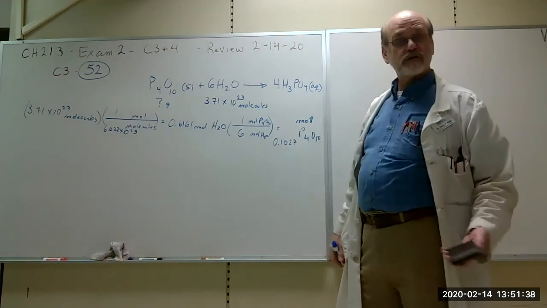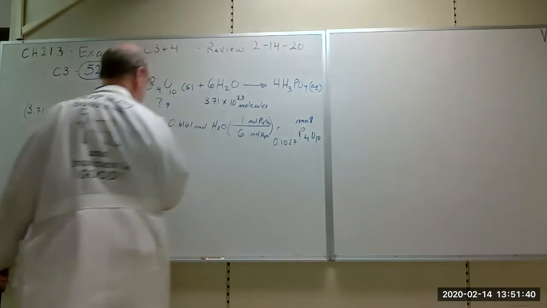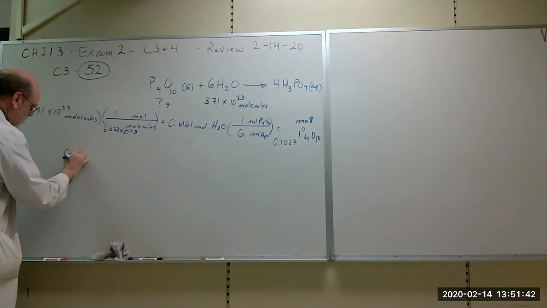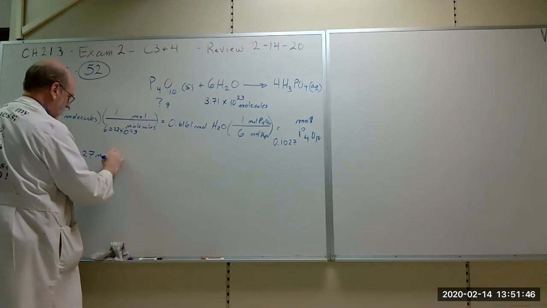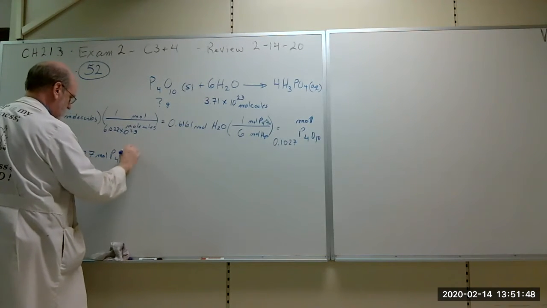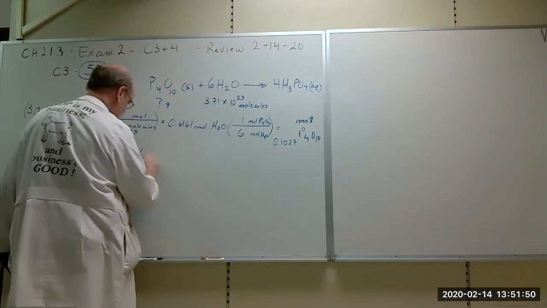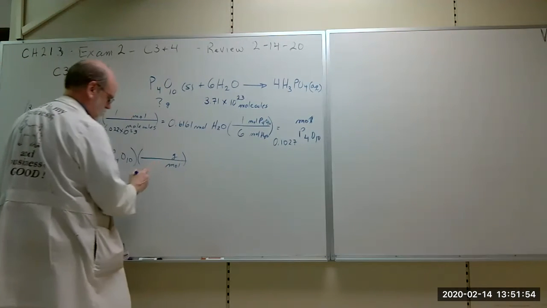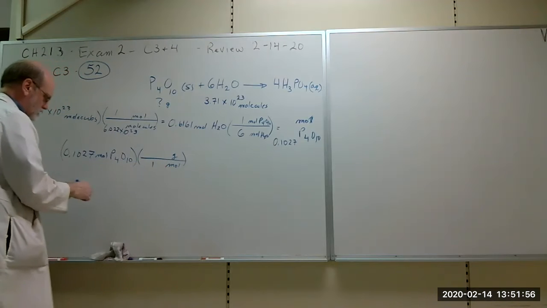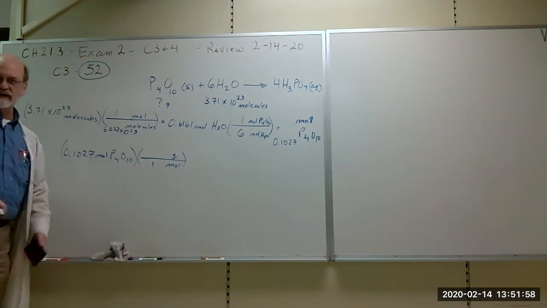Now we just have to convert to grams of P4O10. We need a molar mass. So for every mole, how many grams of P4O10 do we have?